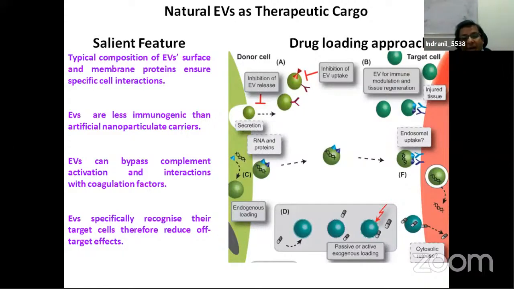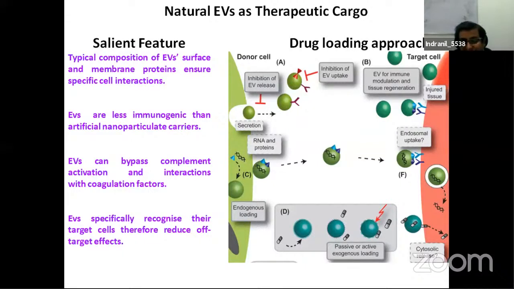What I'm trying to say is, suppose you collect these vesicles from a patient sample or a donor sample. One day you will get vesicles of one kind, and the next day you may not get the same kind because of the change in the physiology of the donor's cells.